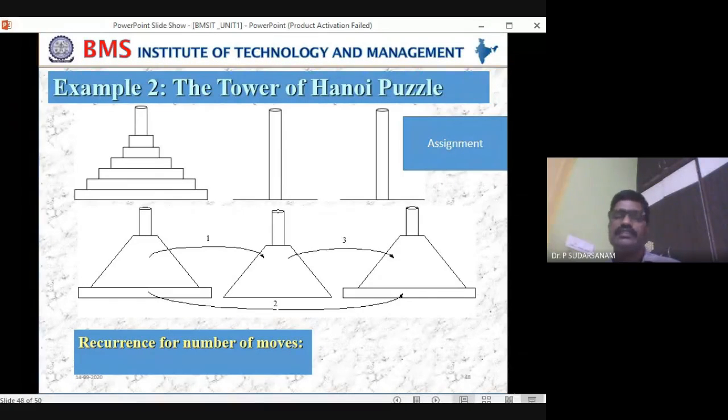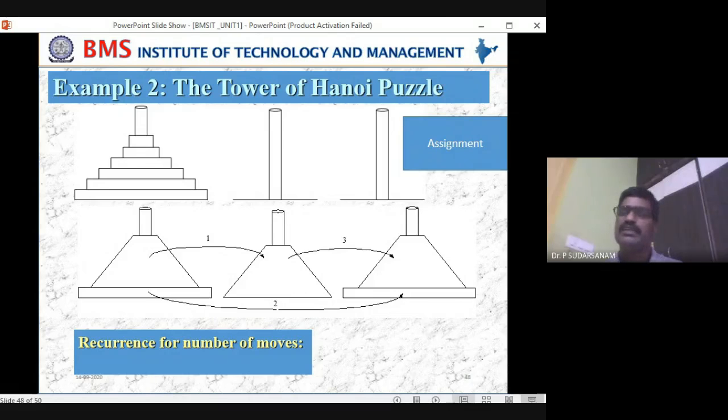So there, if you have 3 disks, you have to move all the 3 disks from source to destination. You have to follow some conditions. The smaller disk should not come below the upper disk.